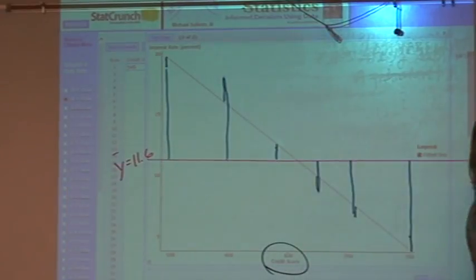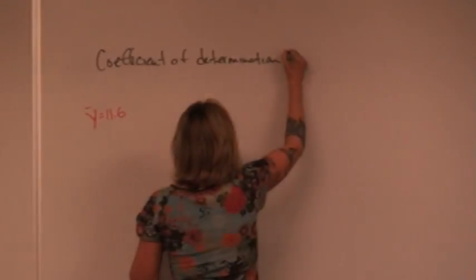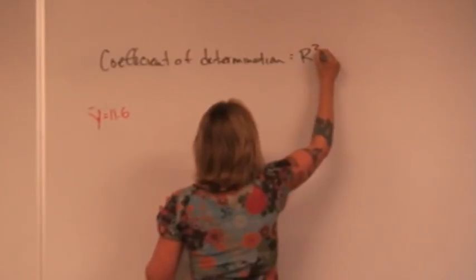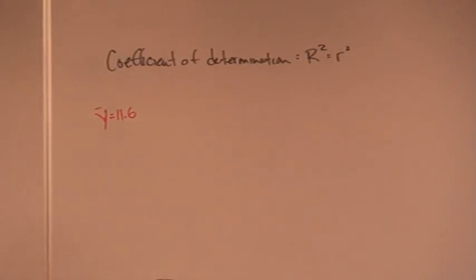The coefficient of determination is given by R squared. In StatCrunch, it's a capital R. Generally, it's a lowercase r.